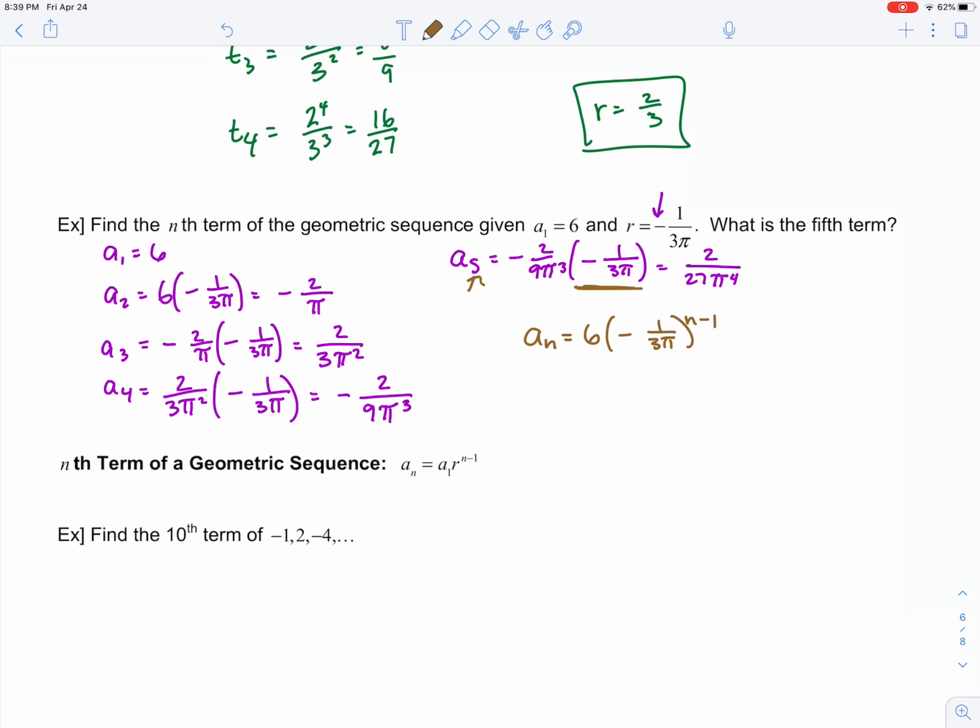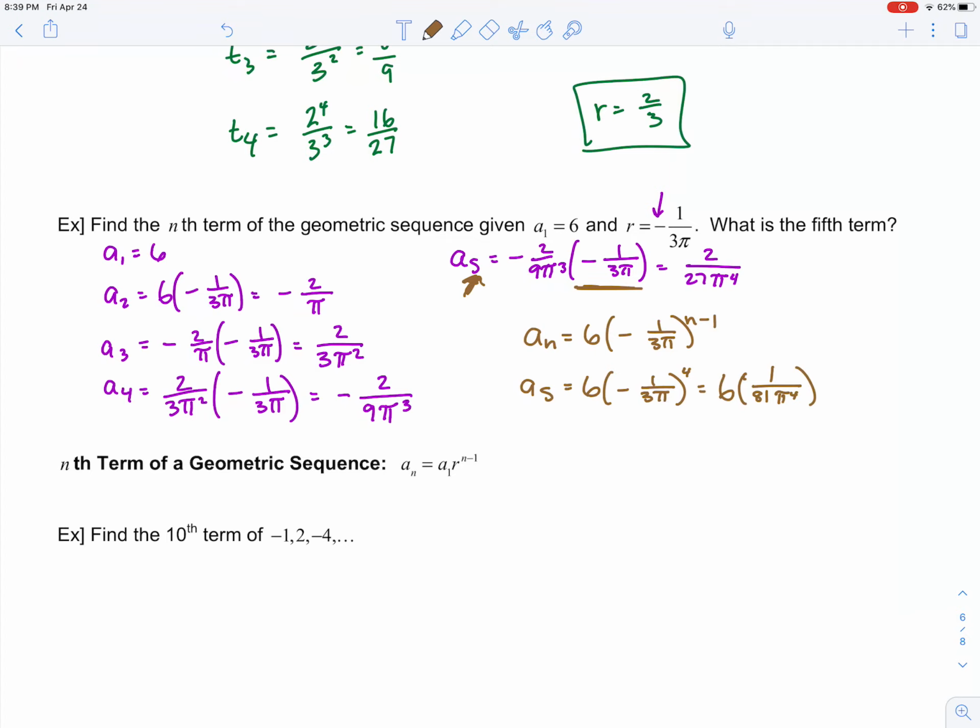Let's try it and see if it matches what we got using kind of a recursive definition. So it should be 6 times negative 1 over 3 pi to the 5 minus 1 power, so 4. So 6 times a negative raised to the 4th power would be positive. 1 over 3 to the 4th power is 81 pi to the 4th.